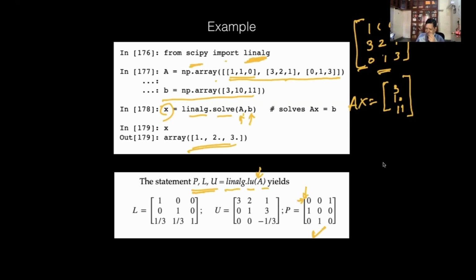So Python does some swapping. Anyway, this is the permutation matrix P. This is a lower triangular matrix, and you can see that all the diagonal elements are 1. And this is an upper triangular matrix, where all the entries below the diagonal are 0. So these are useful functions, and you need to know this. In the exam, we may just ask you this.